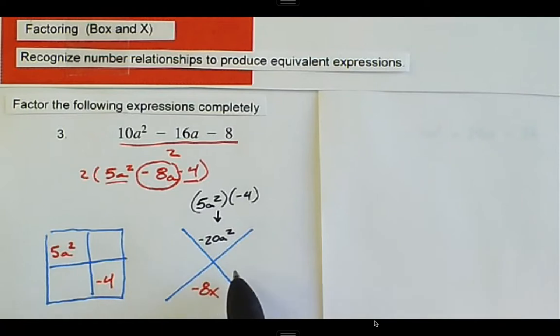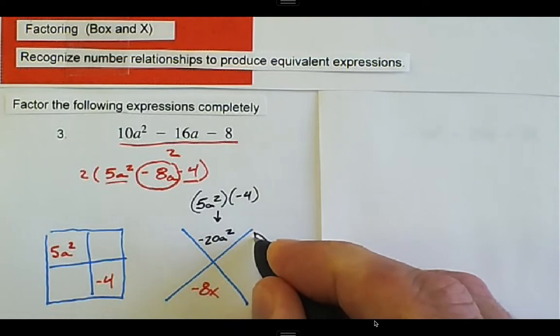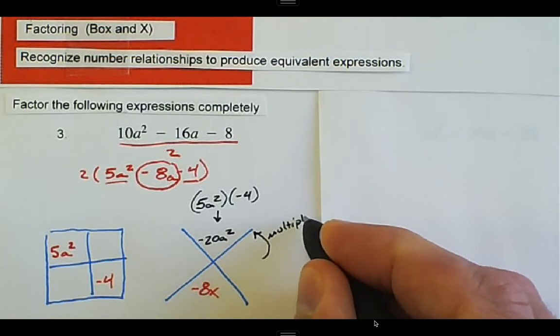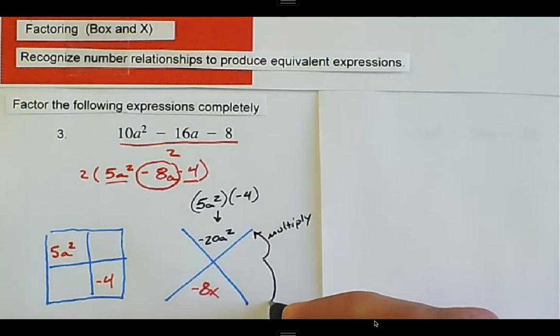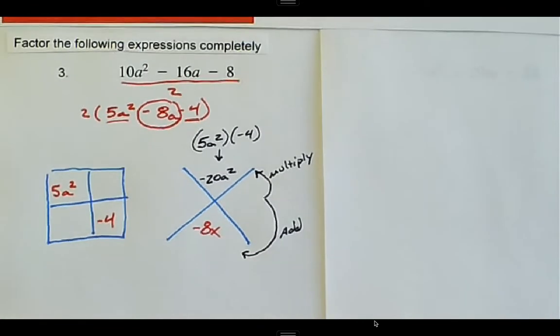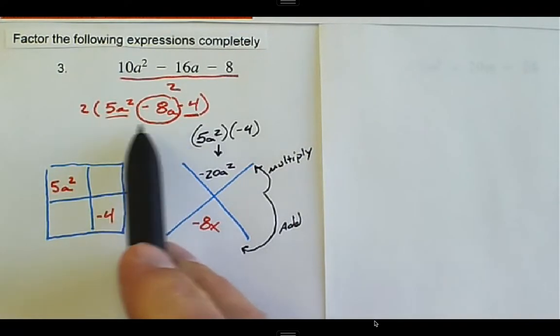These two side boxes here have to multiply together to get to this top. And then they have to add together to get to this term here. So it's kind of a guess and check process, but it's a little bit more limited than what we would have to do if we were going to factor it right from there.